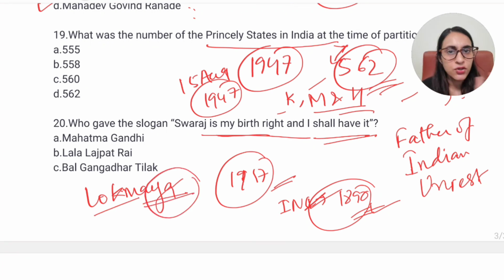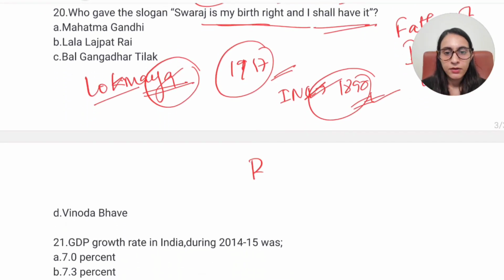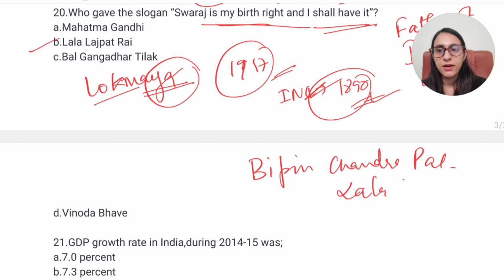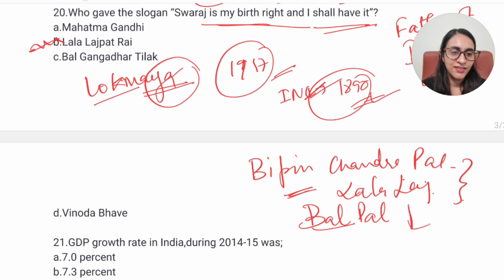So he was accepted by all sections of society as a leader, and along with Bipin Chandra Pal and Lala Lajpat Rai, he became a trio in the freedom fighting, and this trio was known as Bal Pal Lal.